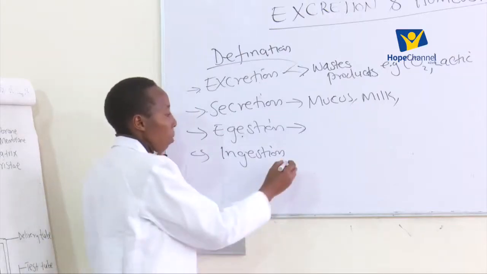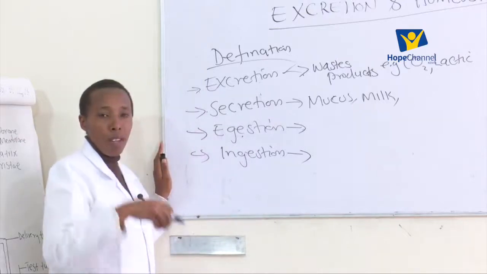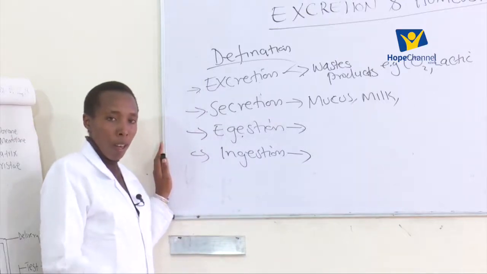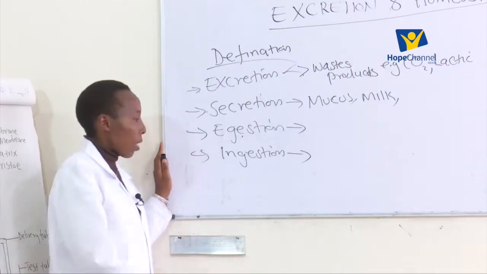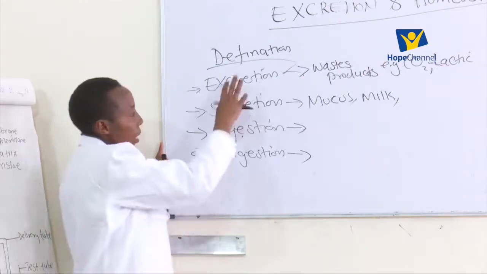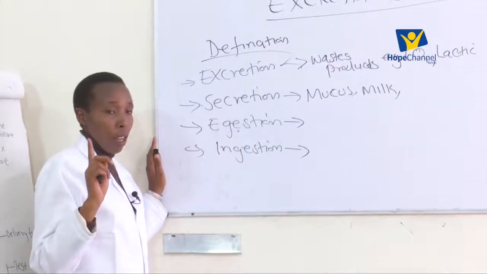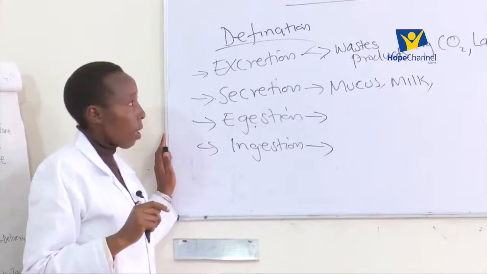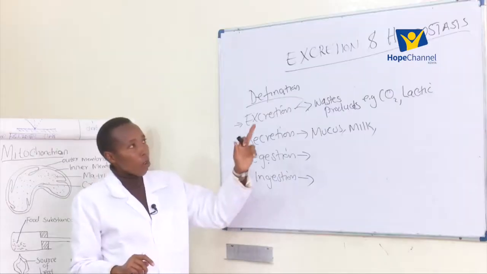And then when we talk about ingestion, this is just the introduction of food substances into our digestive system. So when you introduce food into your mouth, that is ingestion. So you can see these are terms that are related, but they have different meanings.